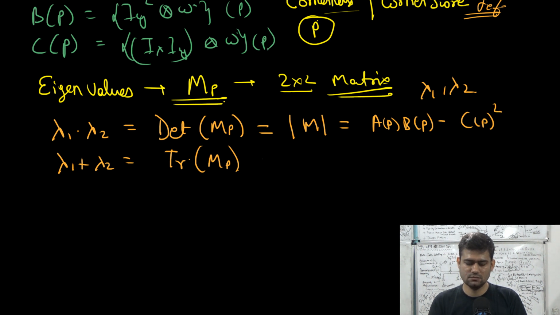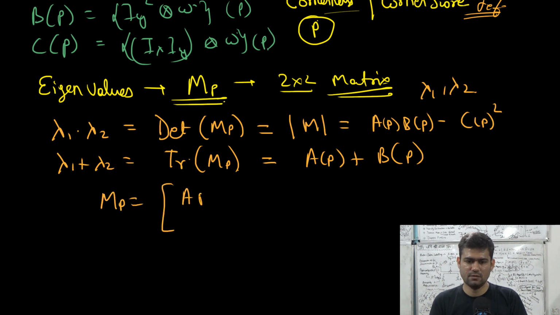And this is A of P plus B of P, where the matrix MP is AP, CP, CP and BP.